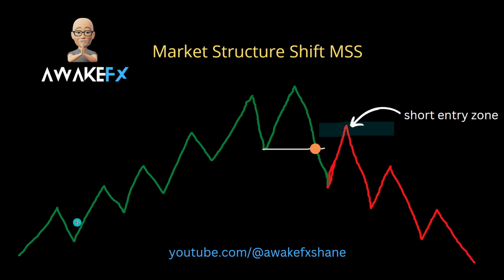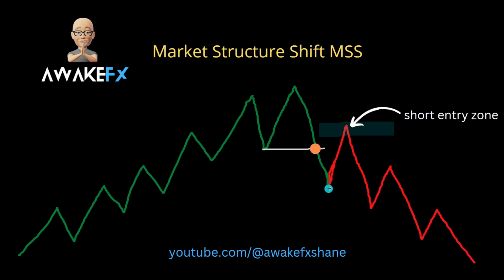Okay, so here obviously on the left you can see higher highs, higher lows, and then there comes a point when one of the lows gets taken out, and this orange dot here represents the actual moment when we move from high, low, higher high, and then we break, and then we have a low here which is a lower low than the previous low.